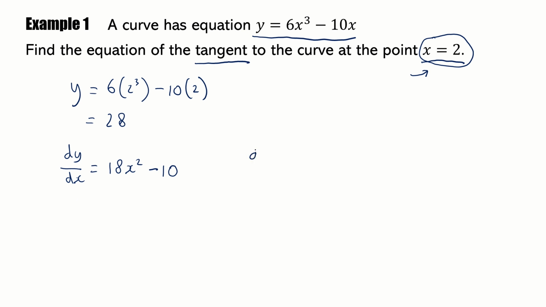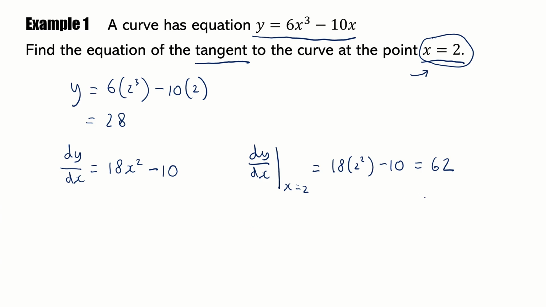But if we want to find the gradient specifically at x equals 2, we've got to plug x equals 2 into that equation for dy/dx. So we're now calculating this, which is going to come to 72 take away 10, which is 62. Nice.